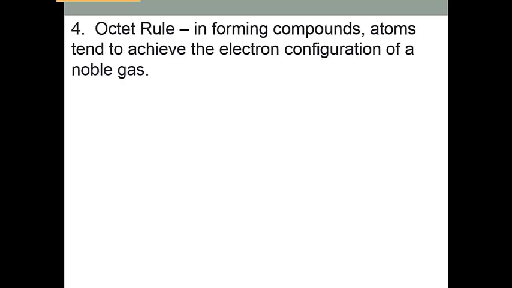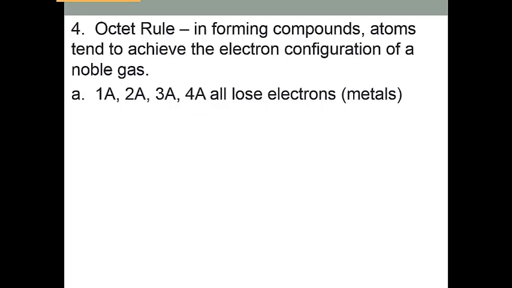Remember, noble gases don't react, they're inert, and that's because their electron configurations have full s and p sublevels, and they're happy with that. And so that's our octet rule. If you think of s and p, that adds up to 8, and octet is referring to 8. So we want to have 8 electrons.